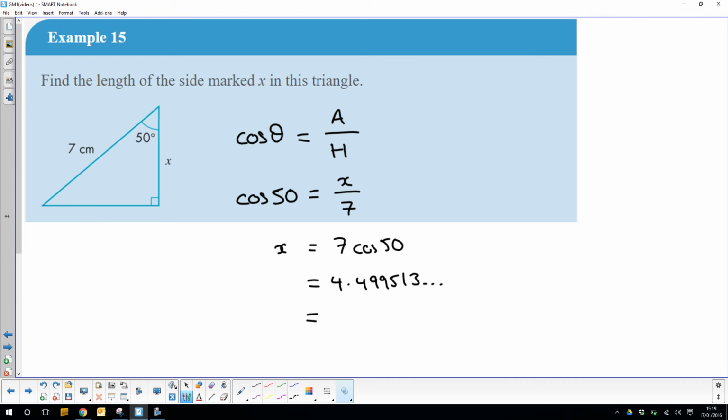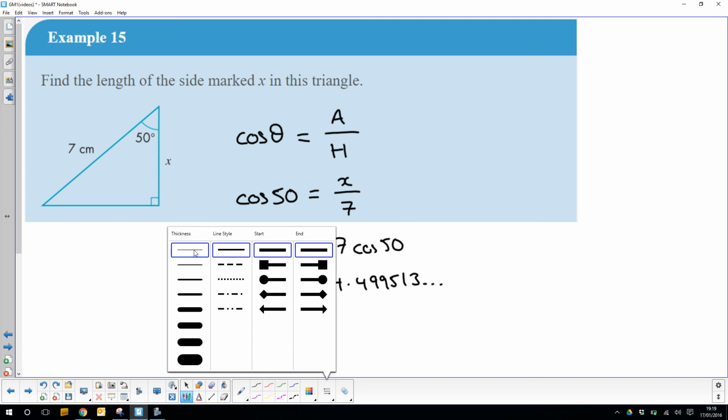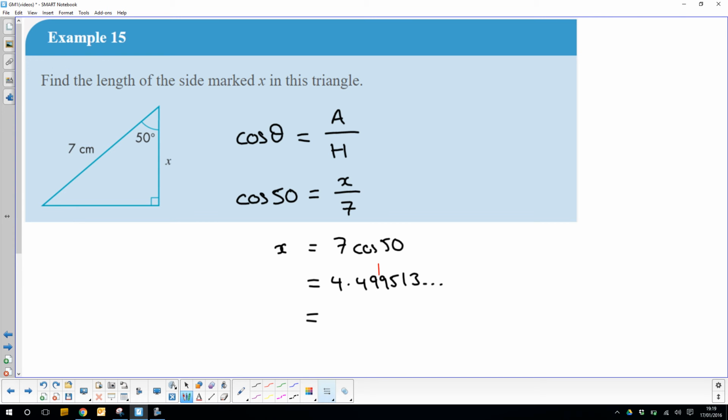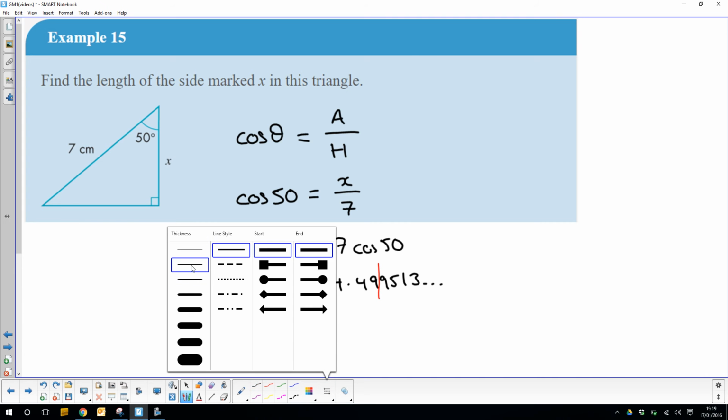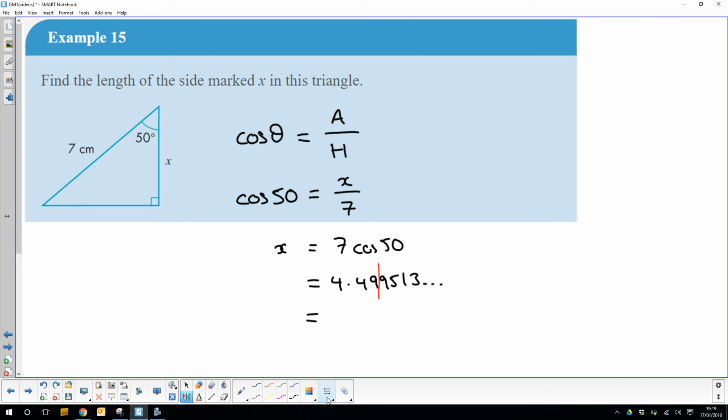Well, I'm going to do it to 3 significant figures, but I'm just going to be a bit careful because this rounding doesn't look great. I'm going to draw the imaginary line in my head after my 3 significant figures, 4.49 being the first 3, and then I'm going to round from there. So the 9 after the line is going to round up the next 9 to a 10, which means that's then going to round up the next digit as well from a 4 to a 5.